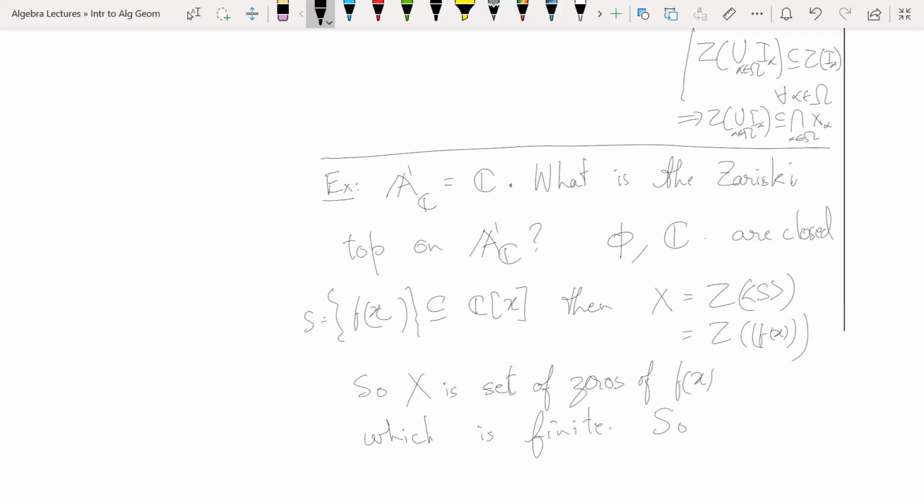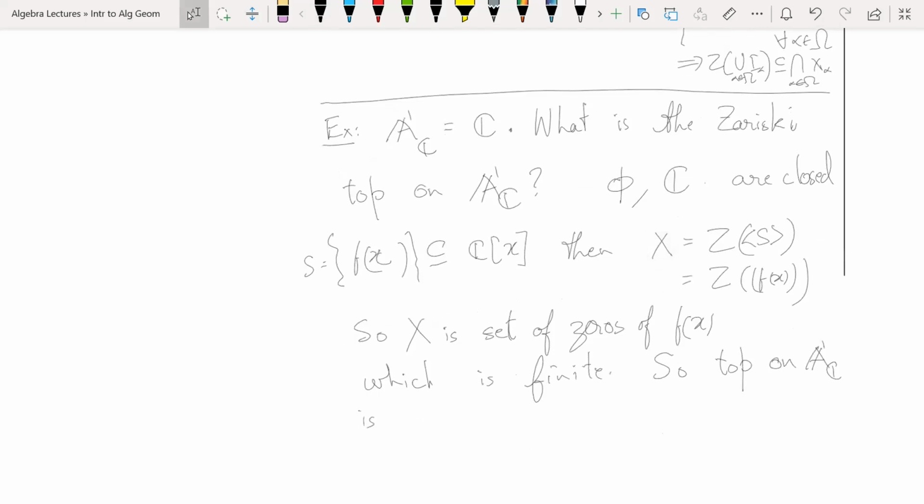So the topology on A1C, in the terminology we learned in topology class, is the cofinite topology.